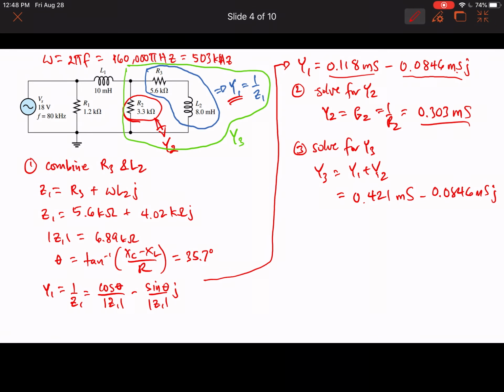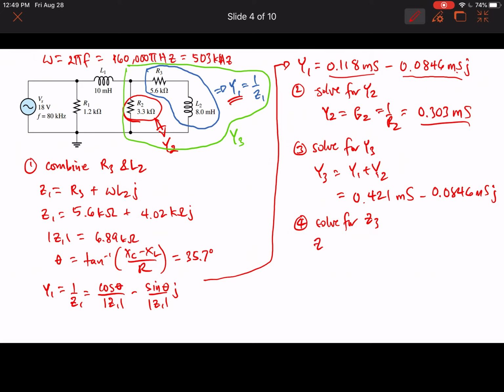Okay, so now that we have solved for Y3, the next step is to combine that with L1, but Y3 is a reciprocal, so we cannot combine Y3 with L1. We need to convert Y3 into Z3. So what we need to do is solve for the impedance Z3, because Z3 is in series with L1.